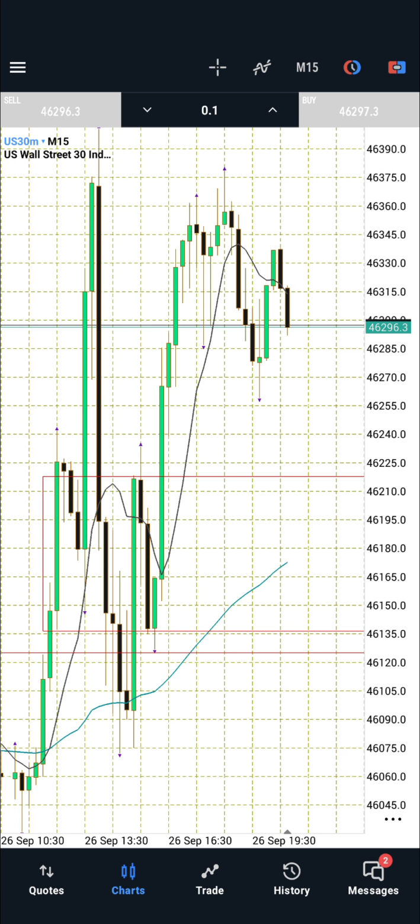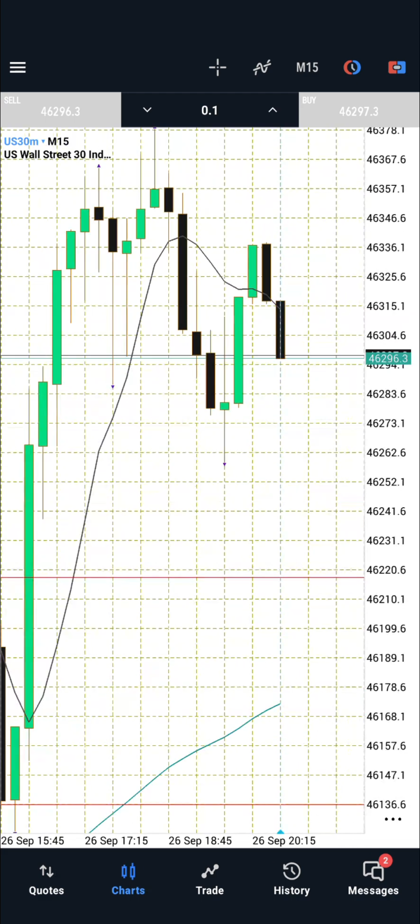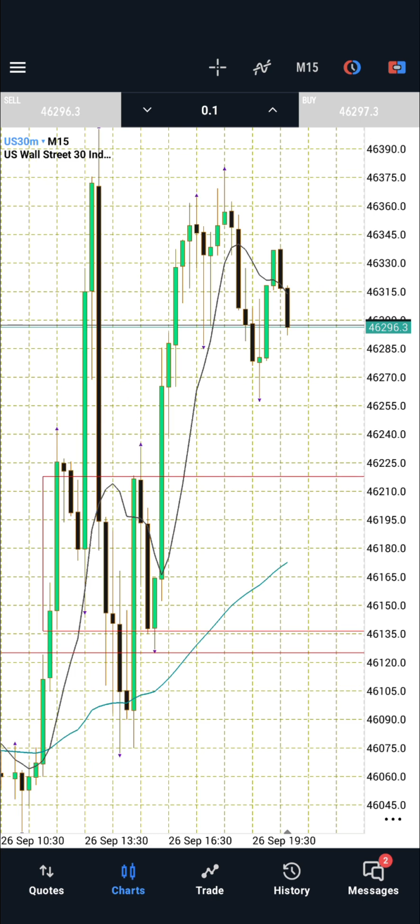At that point, it tells us that the bullish trend has already started and we have to ride with it. So that's where we can just enter our trade and ride with the trend. So that's my market outlook for US30 for this week.